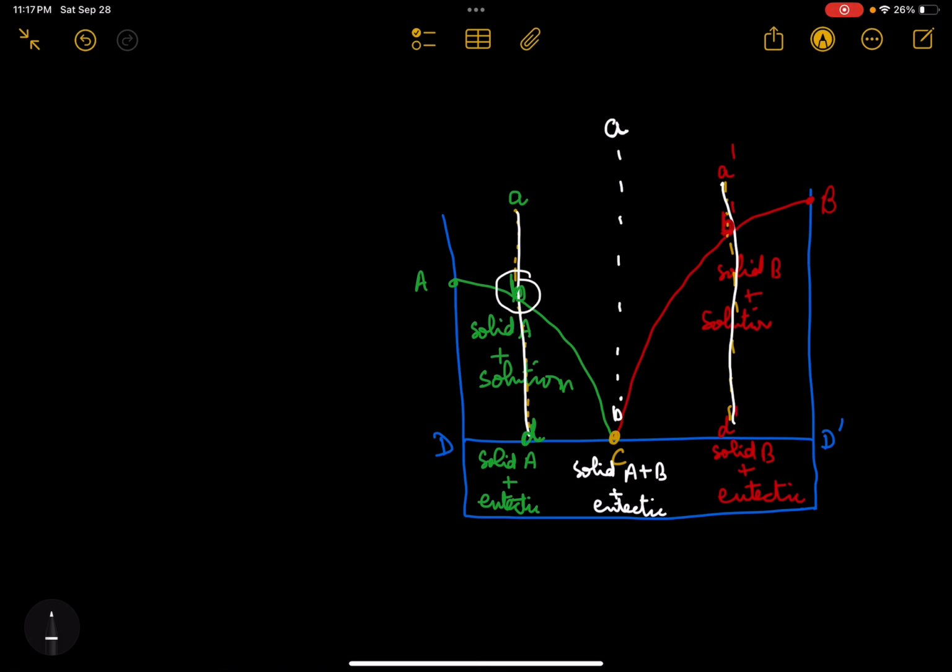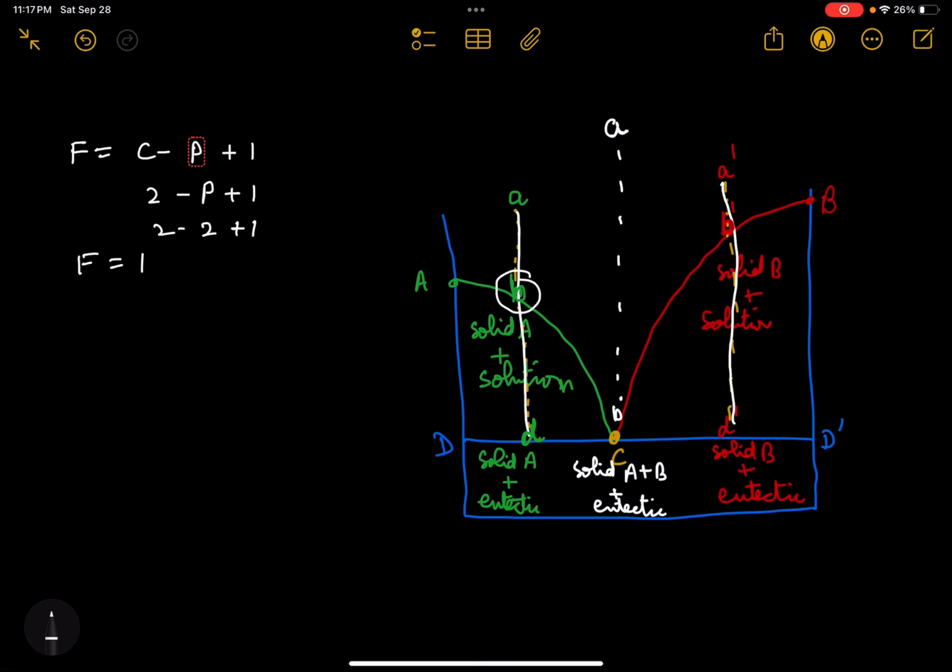The system consists of 2 phases. So F is equal to C minus P plus 1, that is 2 minus P plus 1. The number of phases is also 2. F is equal to 1 along the curve AC.